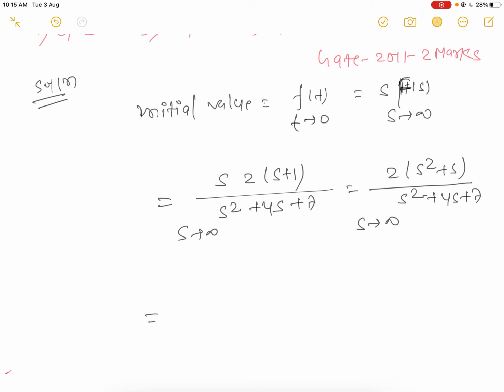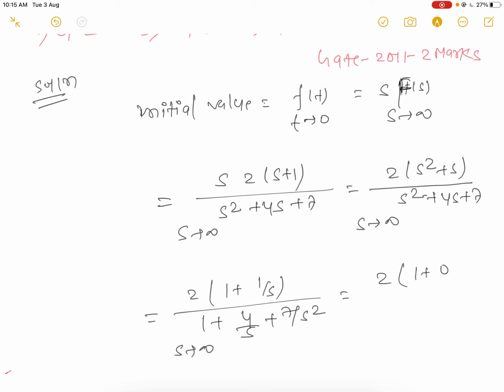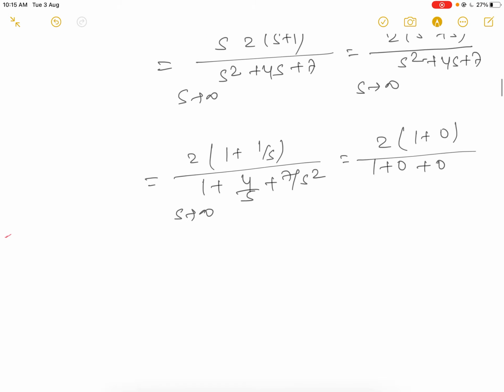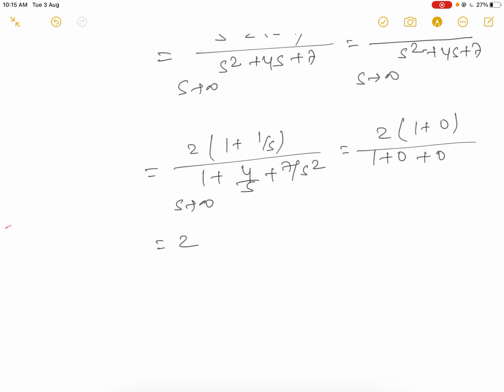So divide by s square, then you will get 2 into 1 plus 1 by s in the numerator, and in the denominator 1 plus 4 by s plus 7 by s square, and s tends to infinity. Put s tends to infinity, then we will get 2 into 1 plus 0 upon 1 plus 0 plus 0, then the answer will be 2.